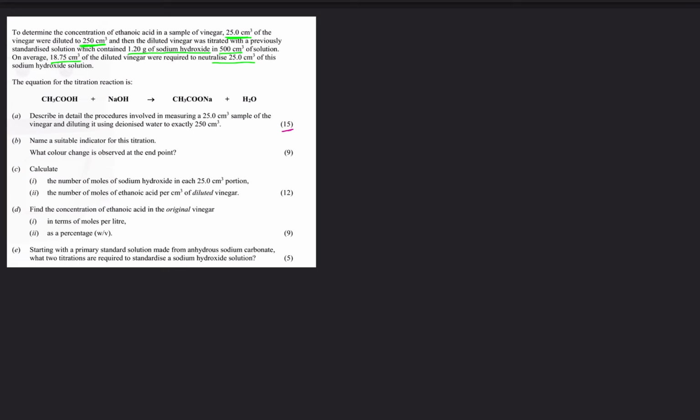Okay, let's read the question now and underline the important sections of the question. The number of moles of sodium hydroxide in 25 centimetres cubed portion. So it's to do with sodium hydroxide. So let's just look at all of the stuff that we know about our sodium hydroxide. So we've got 1.2 grams and it's diluted in 500 centimetres cubed. Okay, let's go back to our normal formula that we always use.